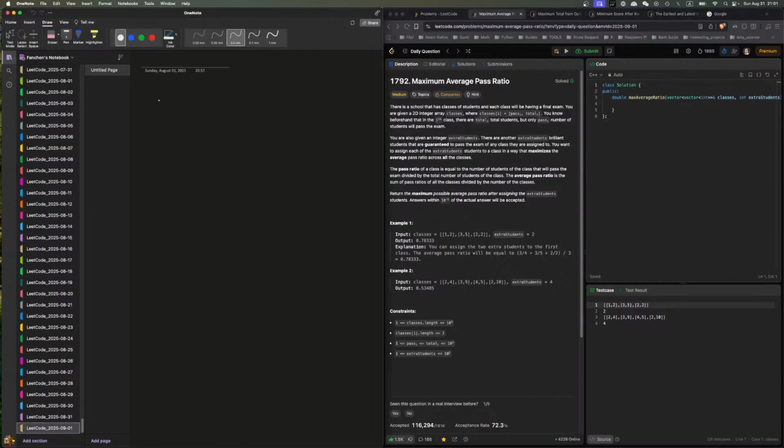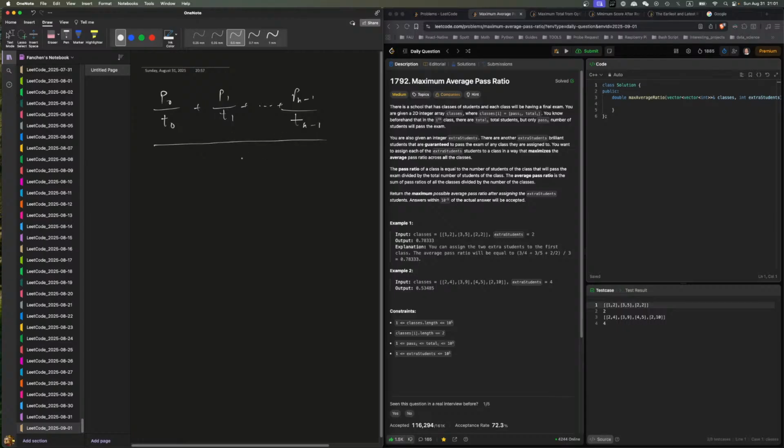So basically I have P0 divided by T0, plus P1 divided by T1, plus P N minus 1 over T N minus 1, whole thing divided by N. This is the average pass ratio. And then I have extra students, right?